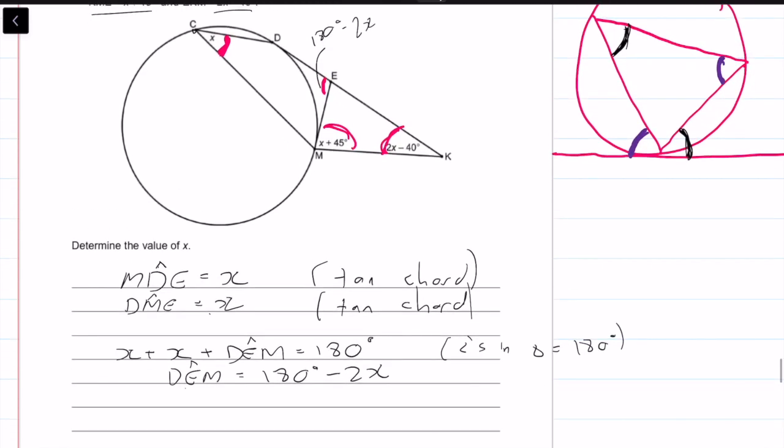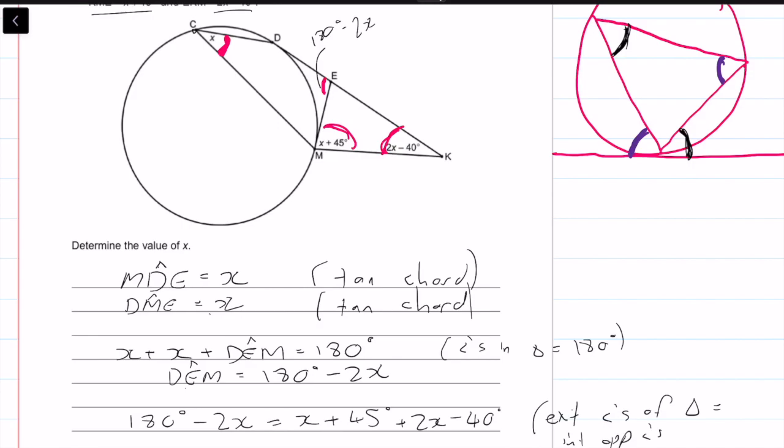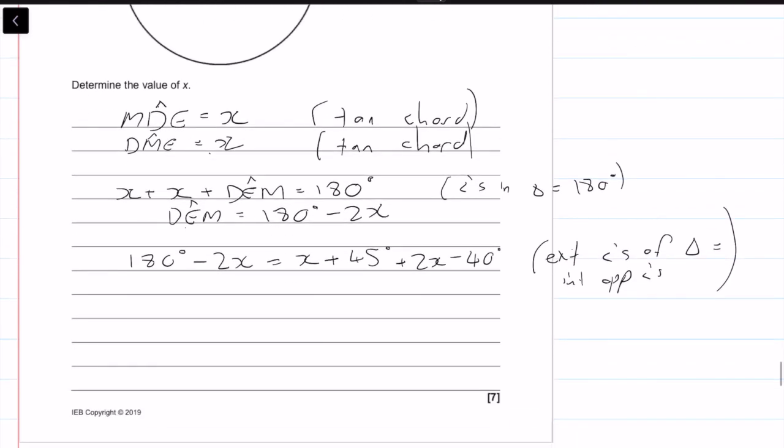So we can say that 180 degrees minus 2x is equal to x plus 45 degrees plus 2x minus 40 degrees, and that's because exterior angles of a triangle equal the interior opposite angles. If we manipulate this a bit, we end up with minus 5x is equal to minus 175 degrees, and we can solve for x quite easily as 35 degrees.